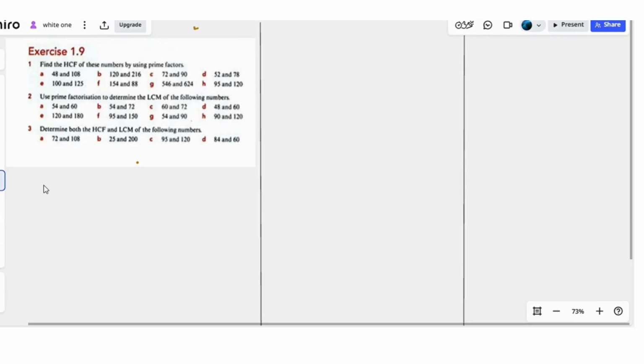In part C, we are making prime factors of 72 and 90. Using factor tree method again.